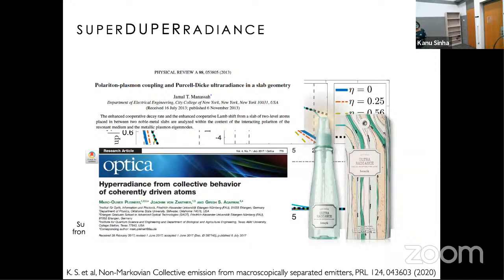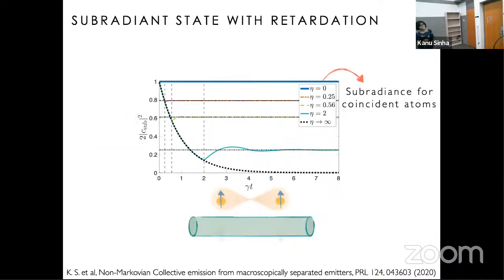We can also look at the subradiant states. If we have subradiant emitters that are coincident, they just do not emit, do not evolve. So that's the blue solid line up there. If we have subradiant emitters infinitely far apart, they just decay independently. Somewhere in between, the emitters decay independently, and then they recohere and form a bound state with the photons in the waveguide.